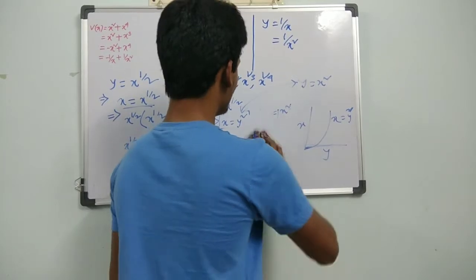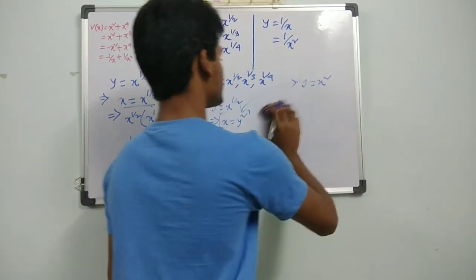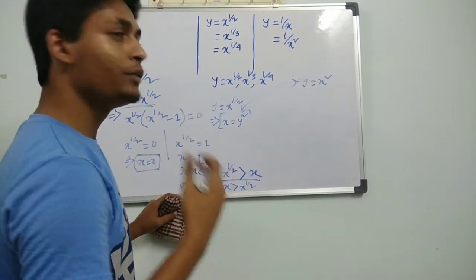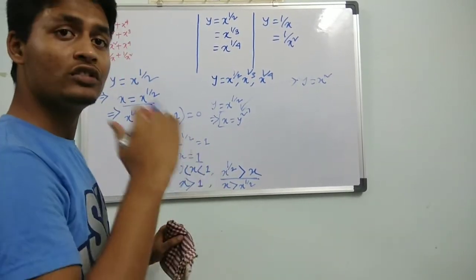But there is one more thing you can do really easily. To draw a curve like this, you can just take the reflection about the y equals x axis.